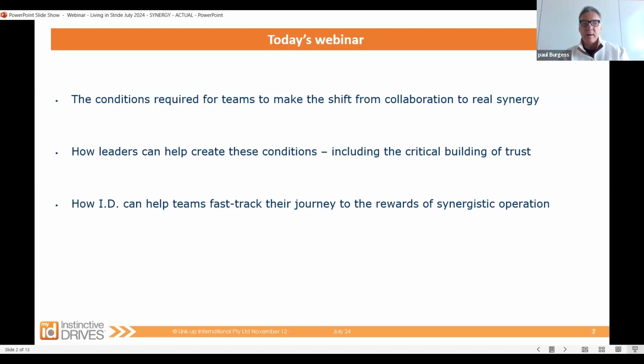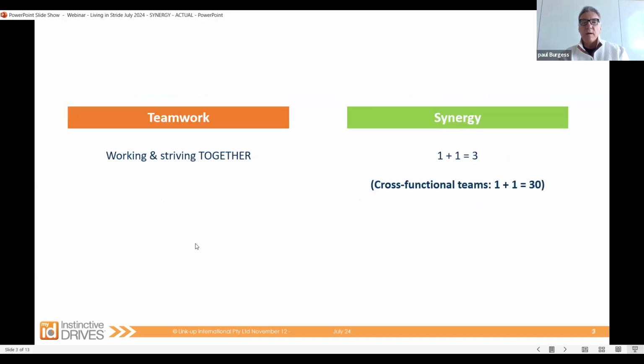So the key difference between teamwork and synergy: you can have teamwork just with a whole group of people working together on some common goals, but I think the simplest way to explain synergy is 1 + 1 = 3. I think everyone gets it. We don't need to dig into any great academic definitions of it.